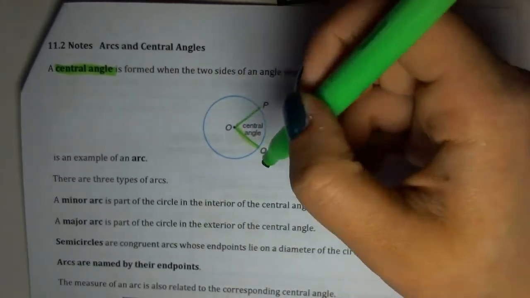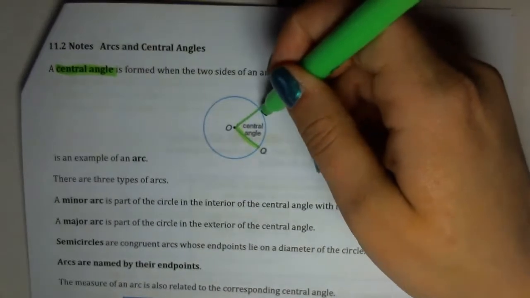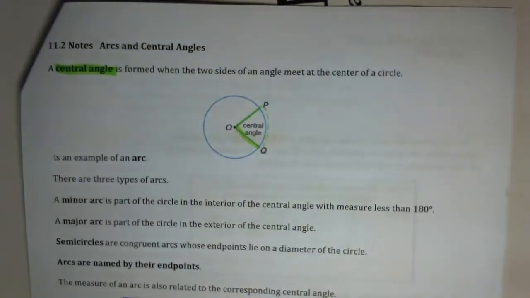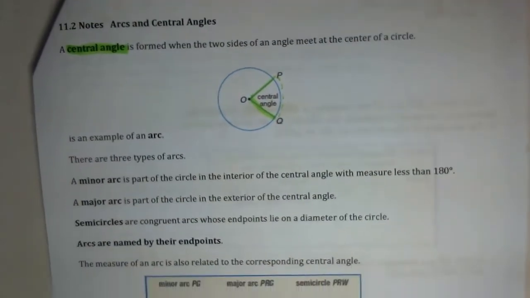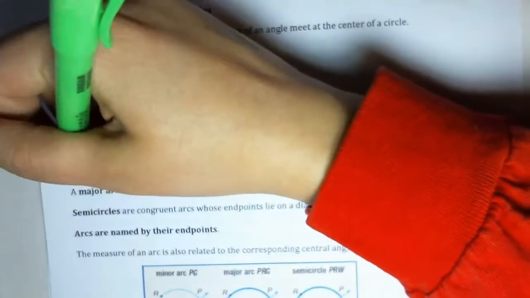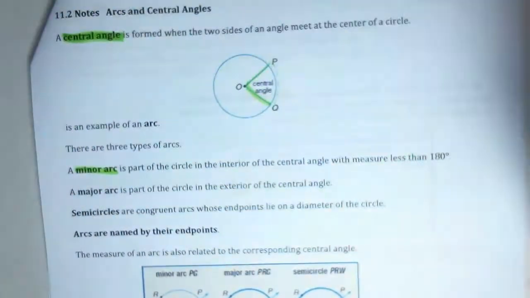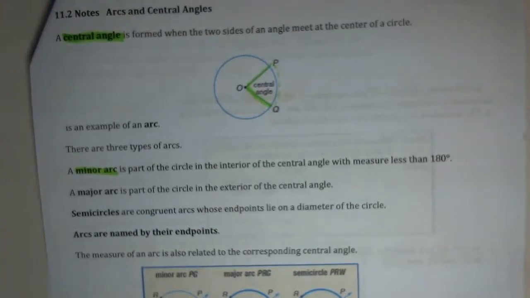This is an example of an arc. There are three types of arcs. A minor arc is part of the circle in the interior of the central angle with measure less than 180.